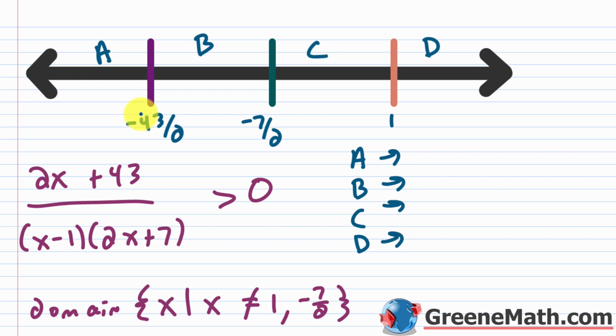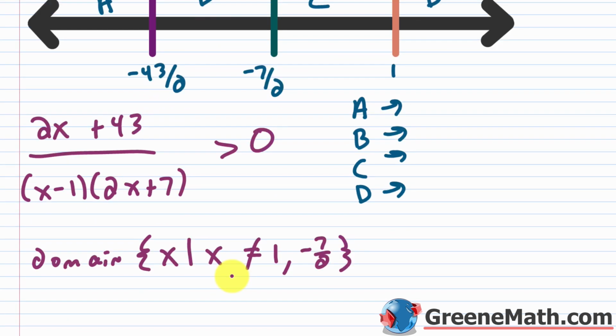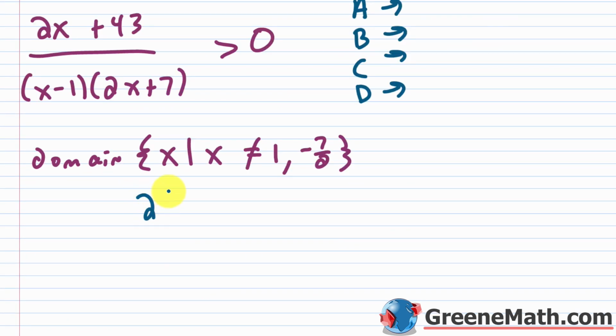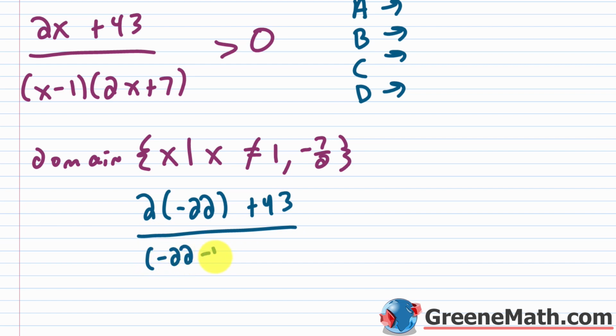So anything less than negative 43 over 2, you could just pick negative 22. So let's check that. We'll have 2 times negative 22, then plus 43. This would be over negative 22 minus 1. And then you'll have this guy, 2 times negative 22, then plus 7.